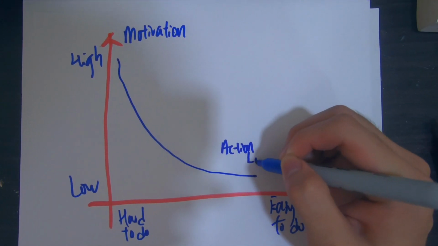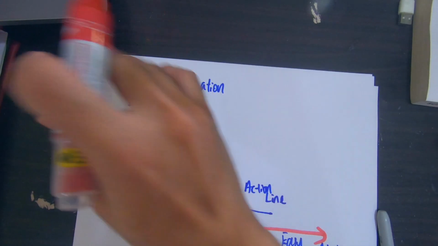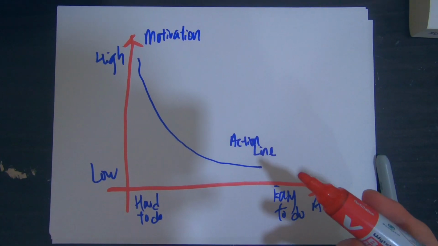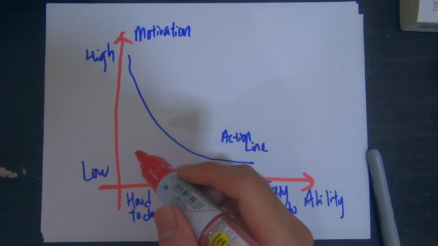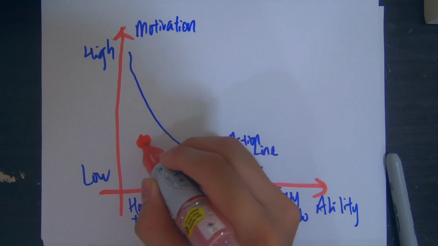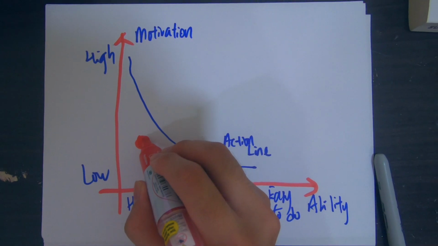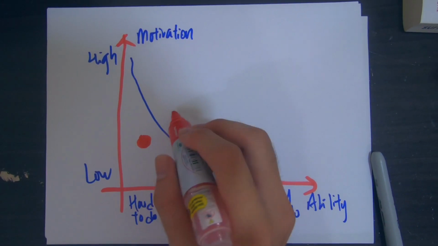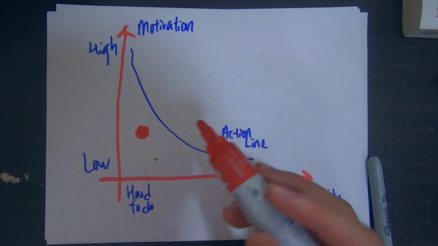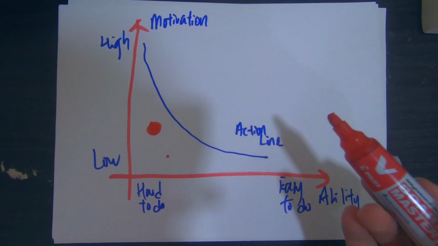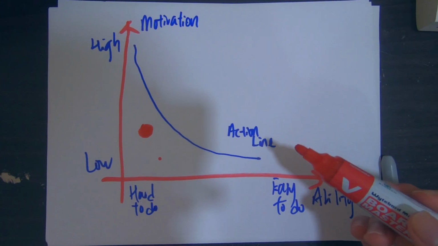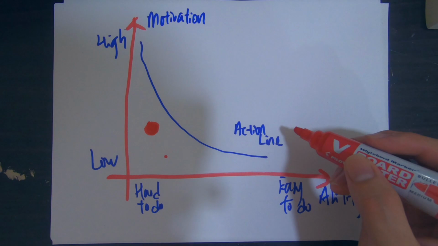Action line. Let's say you are tasked to read 1 book in a week. So this one, let's say you have a relatively high motivation, but it is very difficult to succeed in it. So the point lies here, it is not beyond the action line, so this action would not happen. Okay, but if let's say I ask you to take out the book every single day, just the simple action of taking it out, so this is very easy to do.